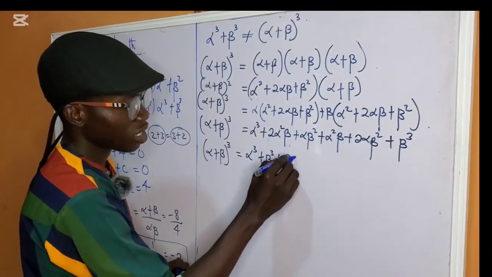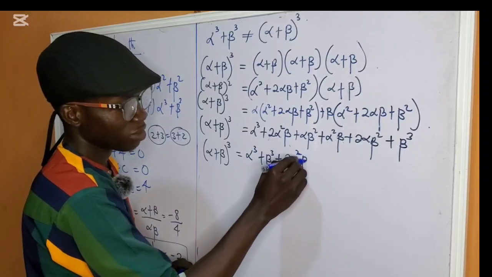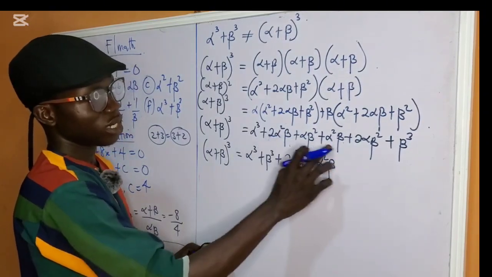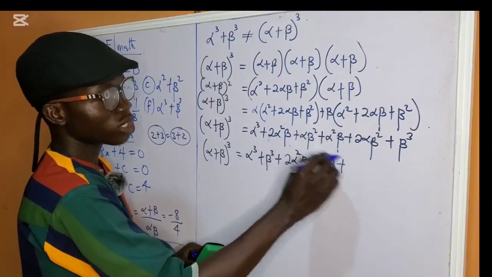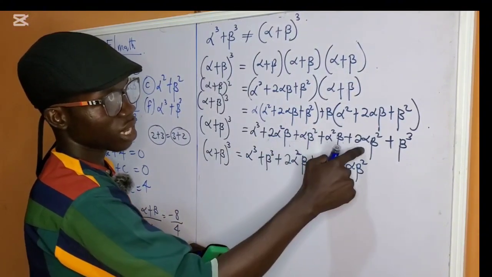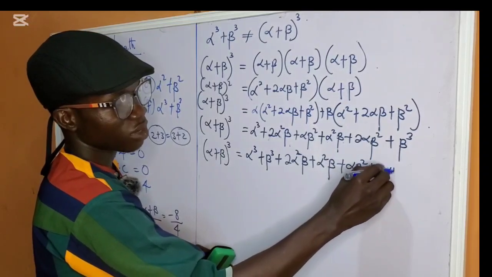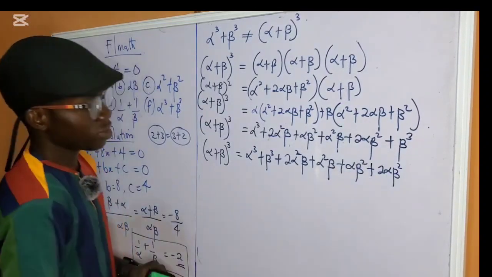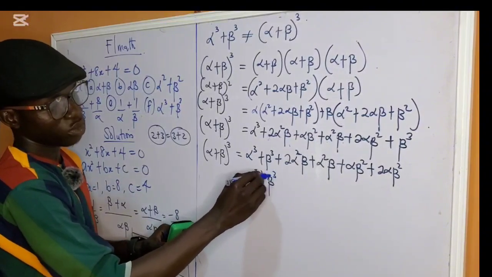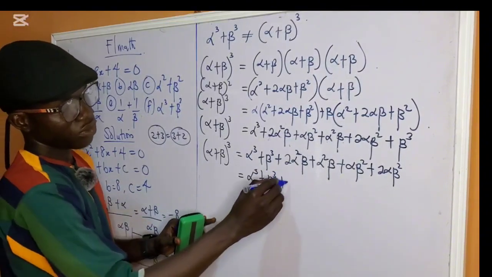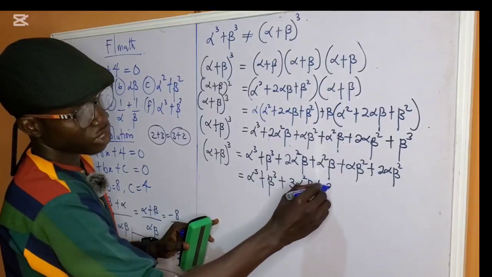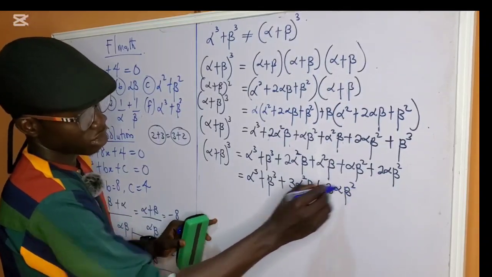So when we add them together, we take them together before adding them, so it will not look like magic. So we've taken the ones that are like terms together, plus alpha beta squared, this and this, plus 2 alpha beta squared. So alpha cube plus beta cube plus 3 alpha squared beta plus 3 alpha beta squared.